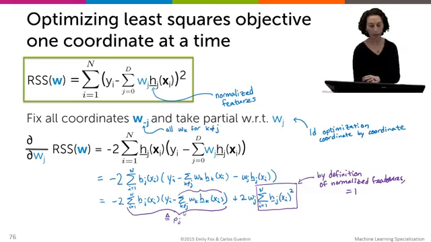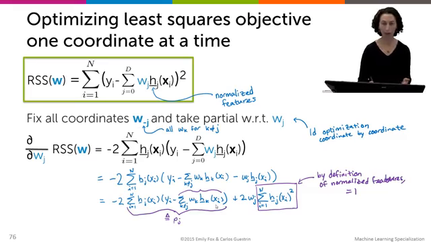I'm looking at the sum over all features not equal to j of wk times my feature k. Well, that's my predicted value of the ith observation if I excluded the jth feature from the model. So this is my predicted value without including this jth feature.